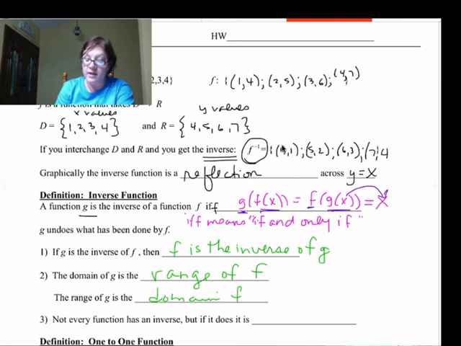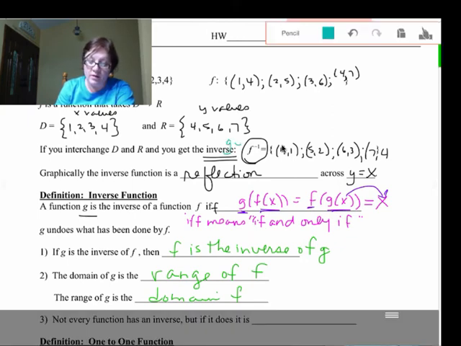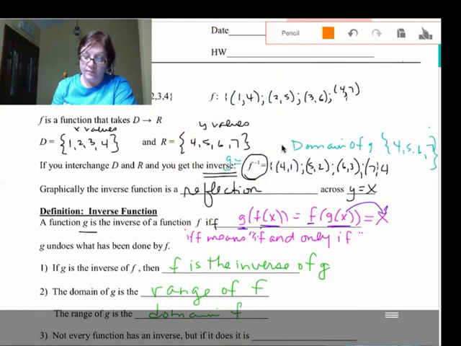So let's say g is equal to f inverse, then the domain of g we could see is 4, 5, 6, and 7, which was the range of f, and the range of g is 1, 2, 3, and 4, which was the domain of f.